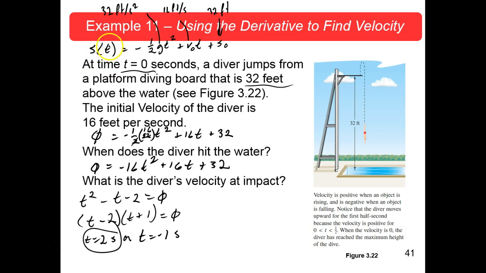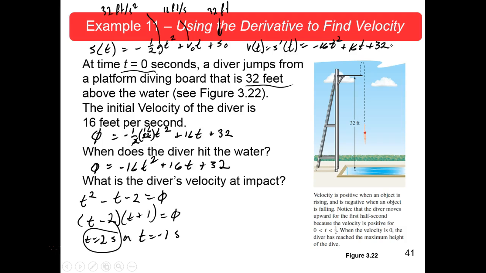Here's the velocity function. Second, V of t is equal to, what did we just say? S prime of t, and what would that be? And we can go on and put the 32. In other words, negative 1/2 of 32 would be minus 16 t squared plus 16t plus 32.